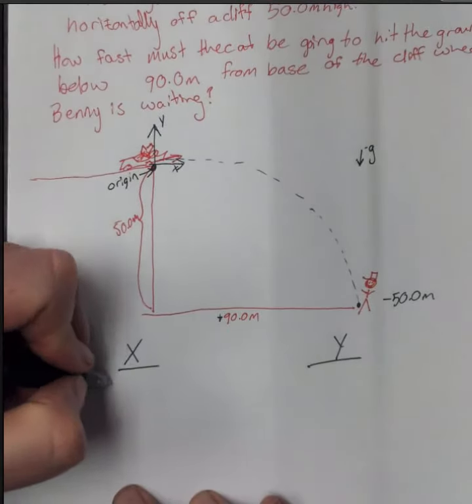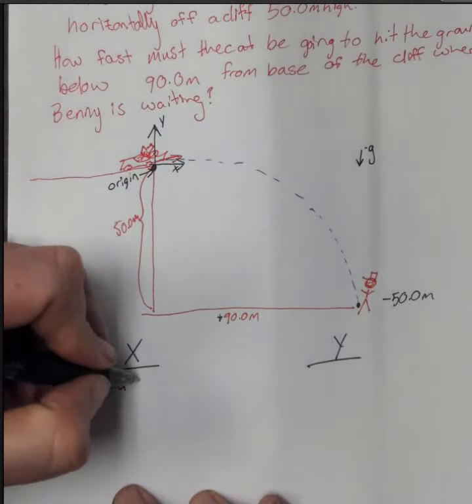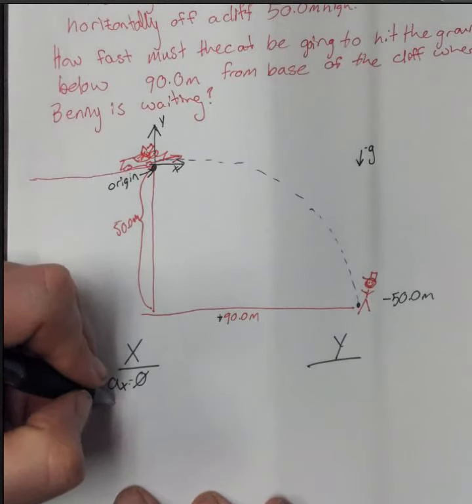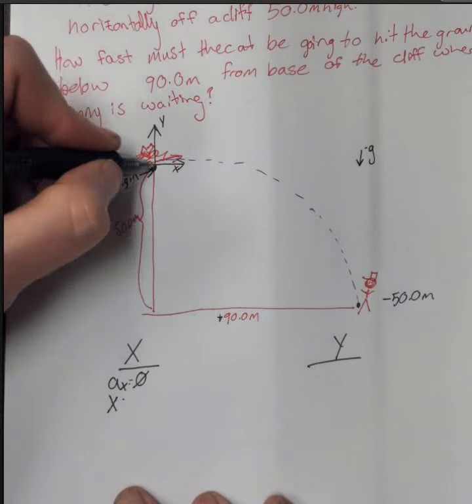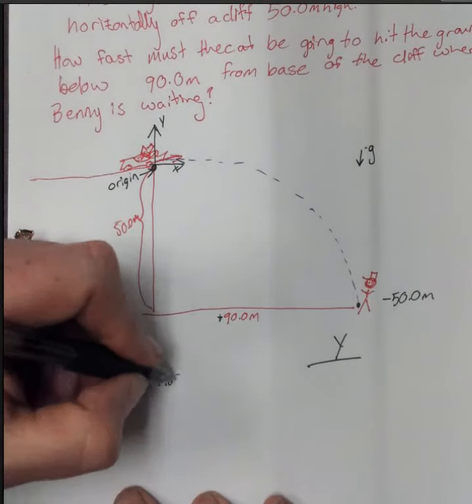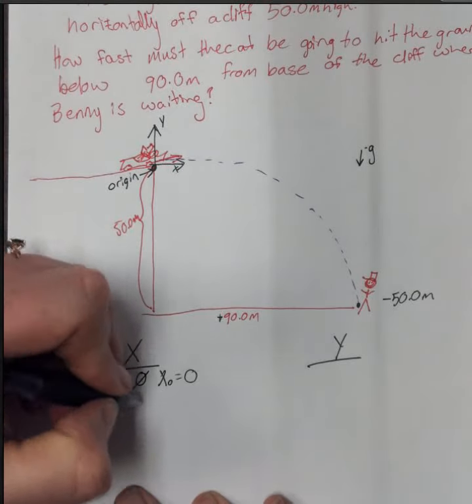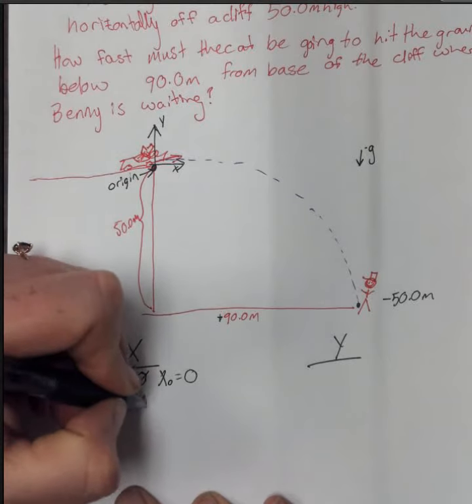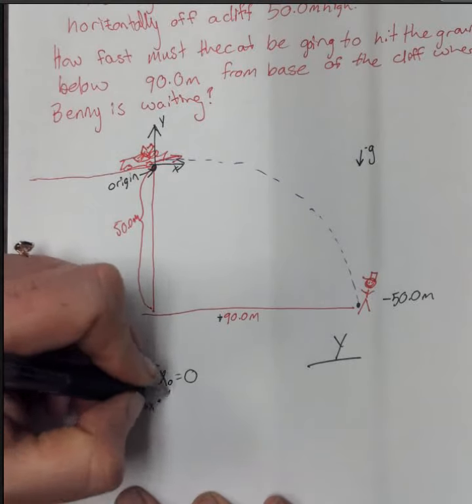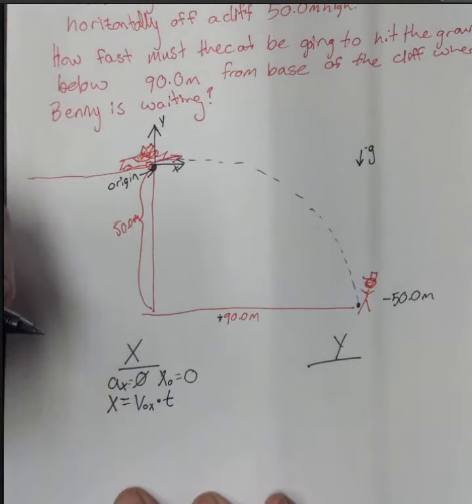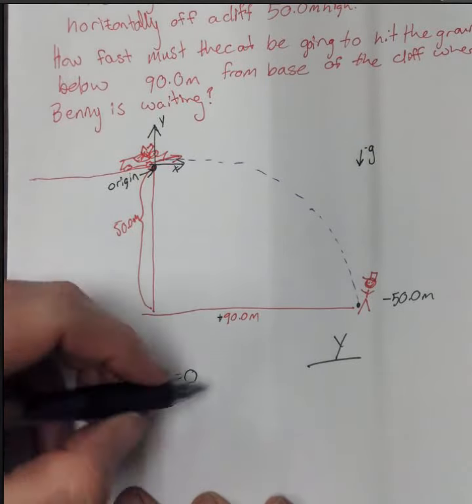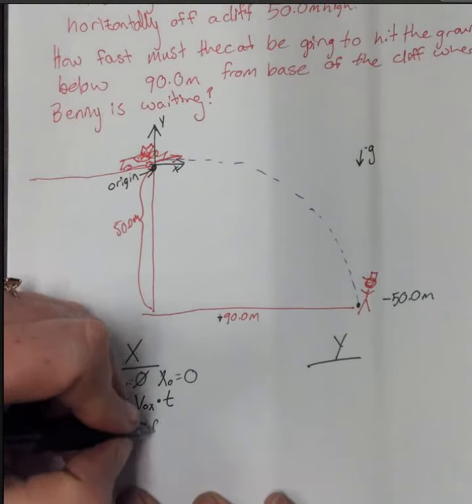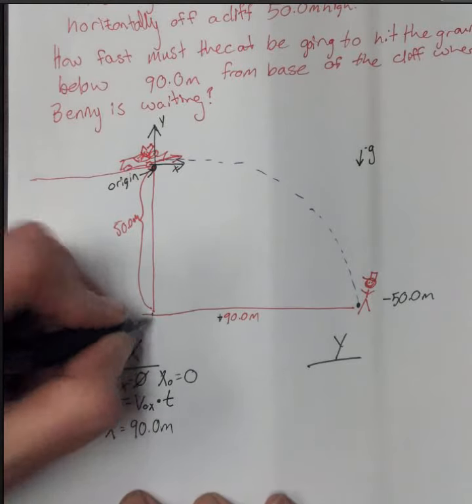Since acceleration in the x direction is 0, I know that displacement, and I set my origin there, so my x naught equals 0. So my displacement is going to be equal to the initial velocity in the x direction times time. And I know that my displacement that my cat would like to have is 90.0 meters from the base of the cliff.